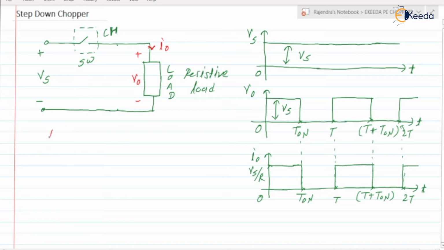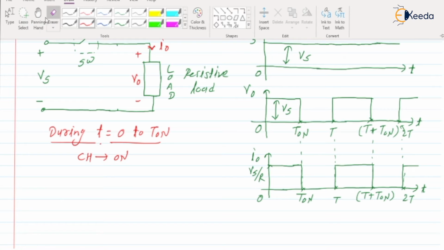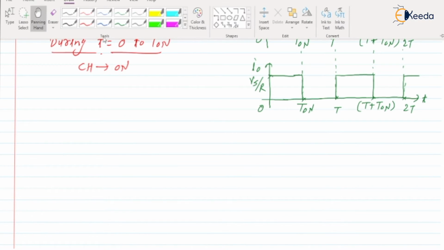Suppose during t equal to 0 to t on, the switch, or let us consider the chopper, is in the on state. When the chopper is in the on state, the supply is connected across the load.